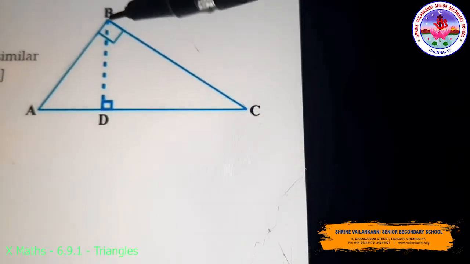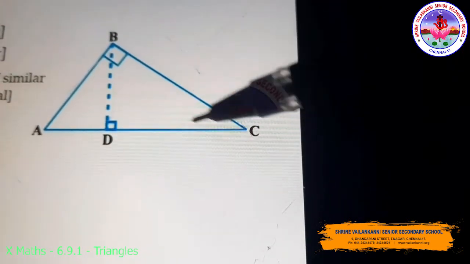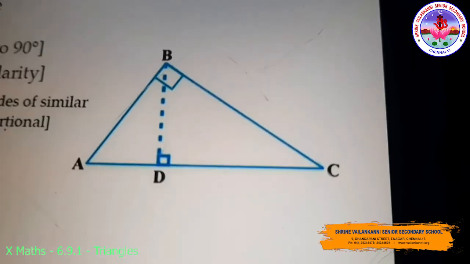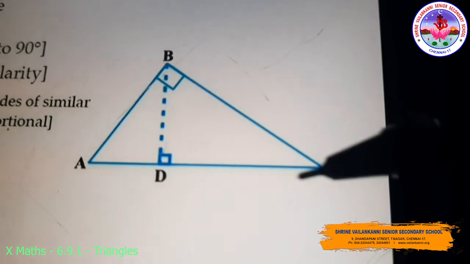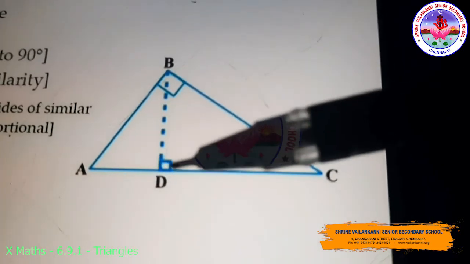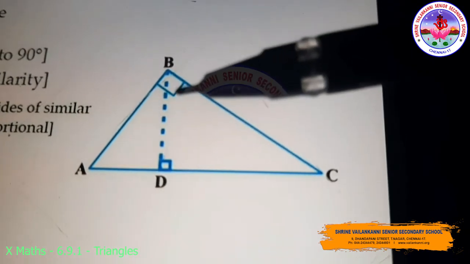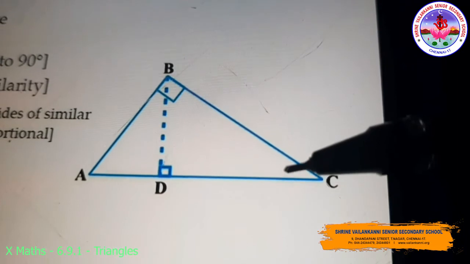Next case, I want to prove that triangle BDC is similar to triangle ABC. In triangle BDC and triangle ABC, I have angle C is common and angle BDC is equal to angle ABC. Both angles are 90 degrees and one angle is common.